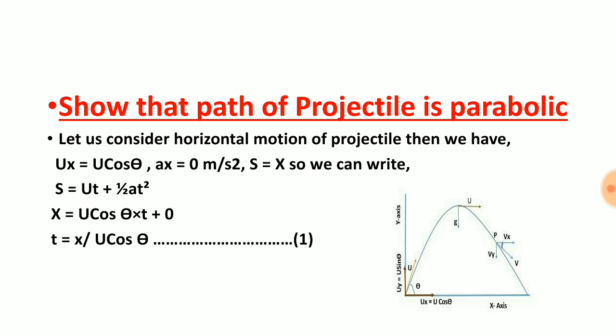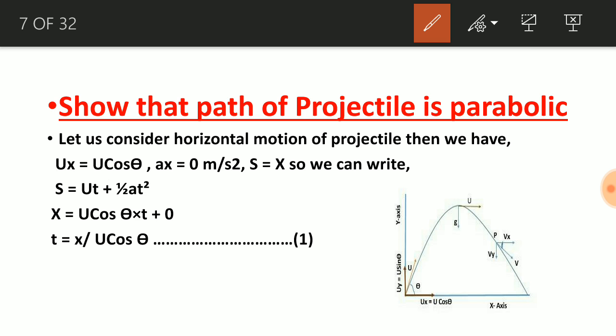Now let us move to theory. The path of a projectile is parabolic. We know that we can resolve the projectile into its different components. Now let us see the horizontal component. In the horizontal component, we can modify the formula s is equal to ut plus half at square. The body is traveling towards this axis, so distance will be x.